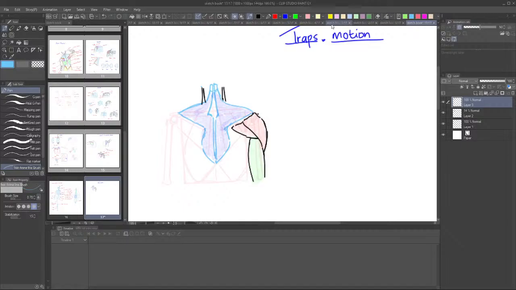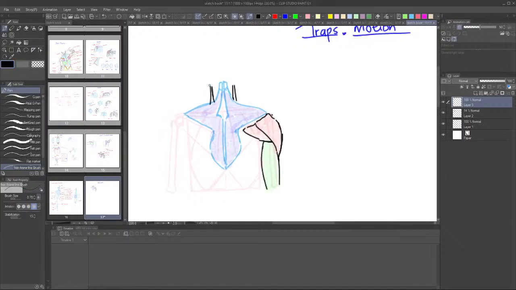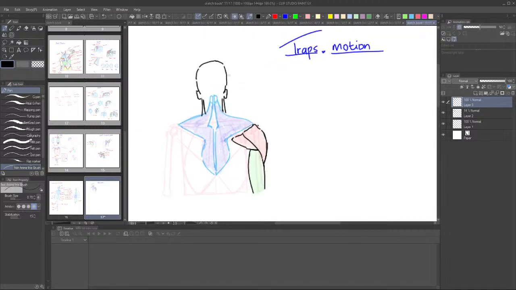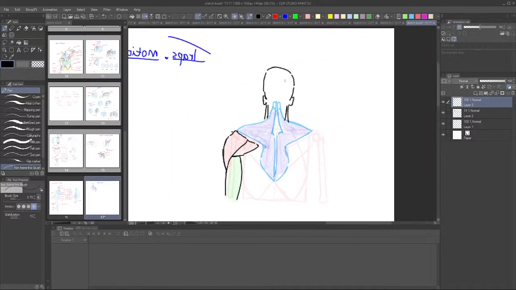And here we'll have the ears. And a head. A head here. A very long head. Let me see how bad it is.